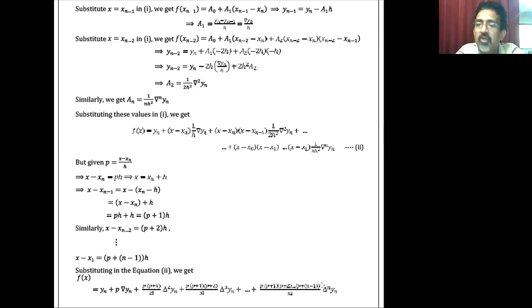The proof is not required for you. No questions will say prove the forward difference formula or prove the backward difference formula. You are required to apply these formulae in solving problems. Right? So with this, I'll stop now.